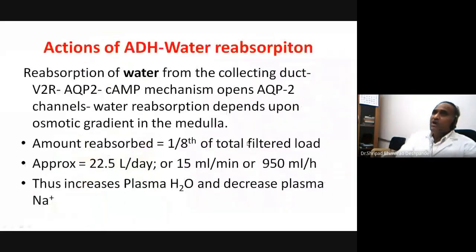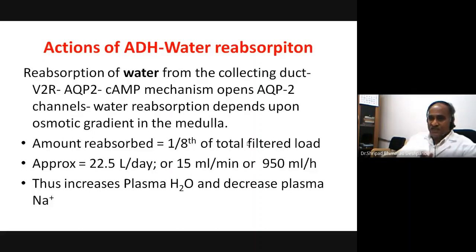Okay, we will move on to, as I have already mentioned, the reabsorption of water from the collecting duct, especially the medullary component where there is a great concentration gradient. Through the V2, aquaporin 2, cyclic AMP mechanism, try to remember that, and it depends upon the osmotic gradient present in the medulla.